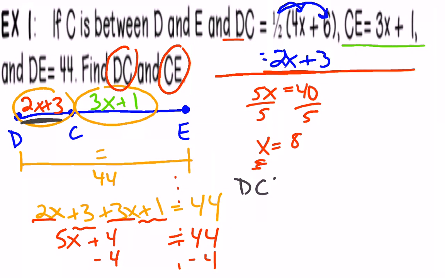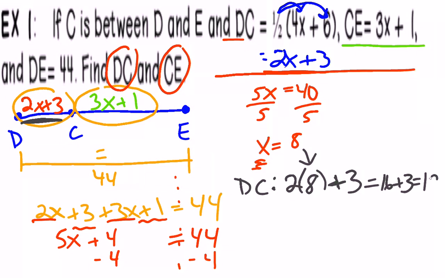So DC is 2 times x plus 3. And x was 8, so we're going to plug in 8. So DC is 2 times 8 is 16, plus 3 is 19.